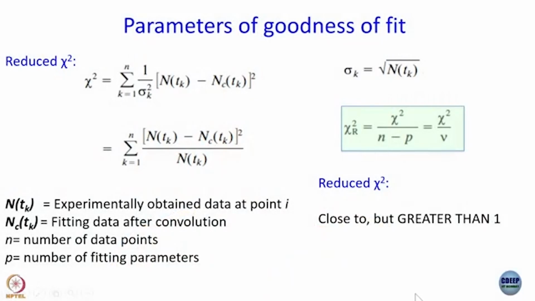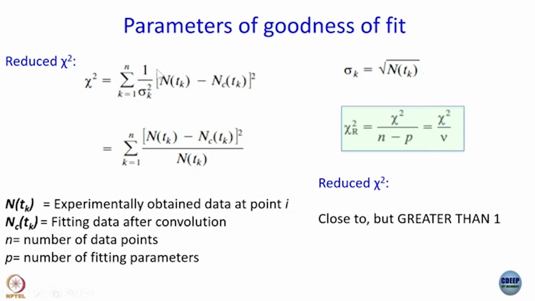but it should be greater than 1 for two reasons. First of all, when you take this ratio, you have experimental error in the numerator, theoretical error in the denominator. Experimental error can never be less than the theoretical limit of error. If that were the case, then you would be doing better than the best possible, which is unphysical.